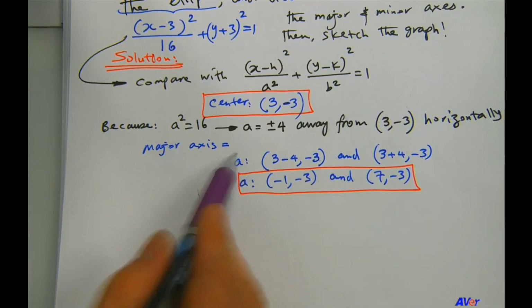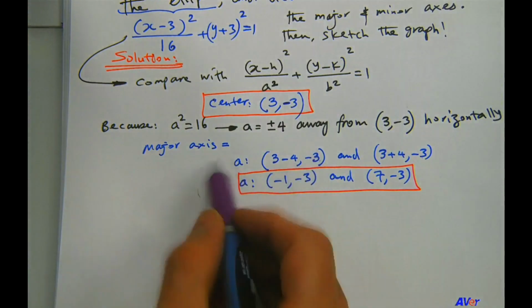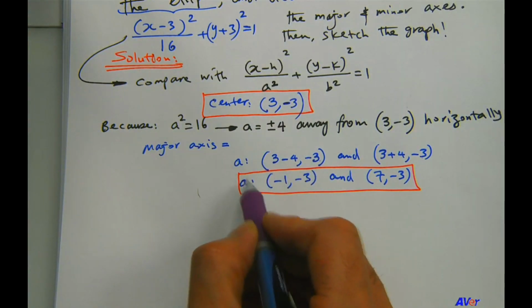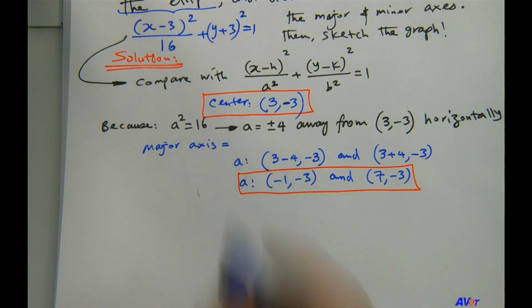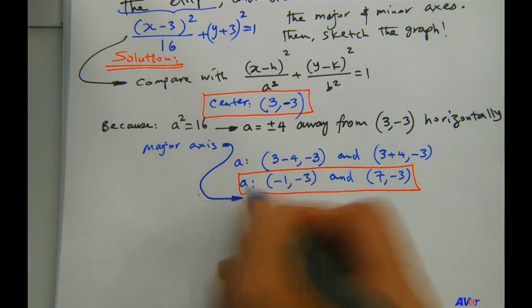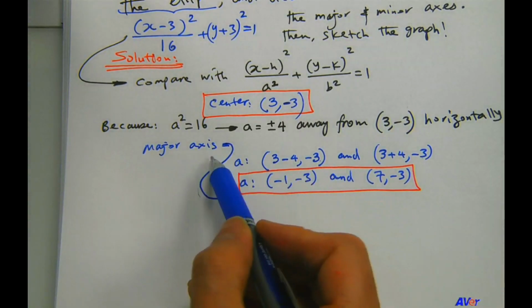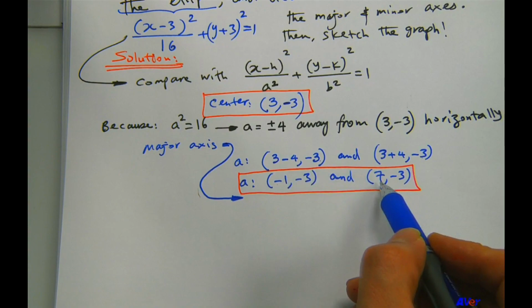But they asked us for the length. So the length of the major axis is from this edge horizontally, from negative 1 to 7.